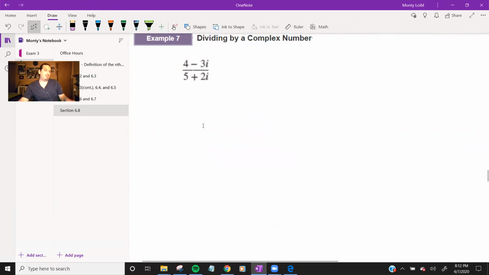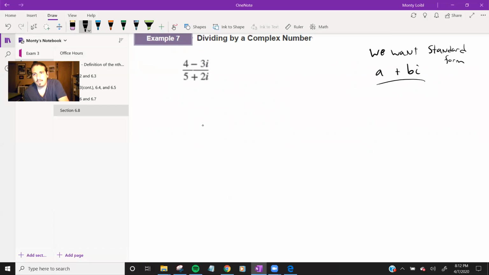So what we want here is we want it to be an a plus bi, right? We want a standard form, right? That's our goal.